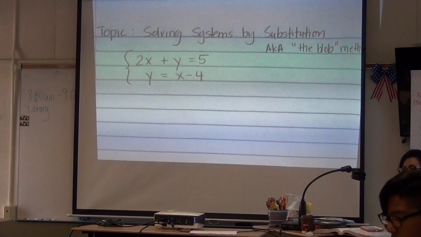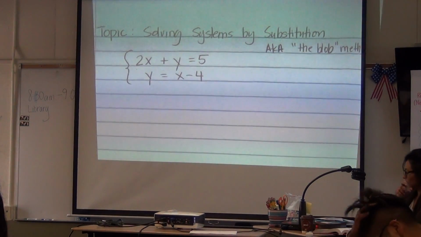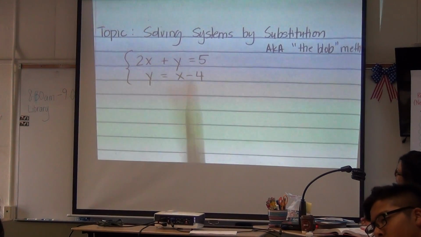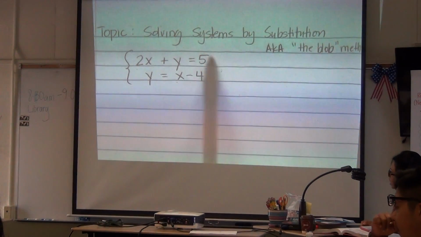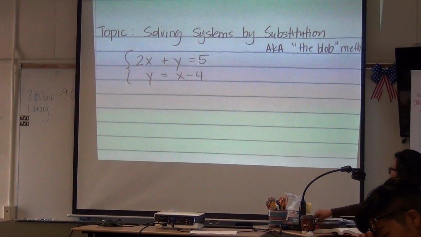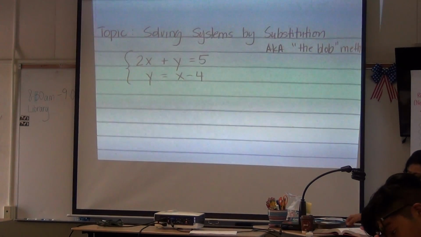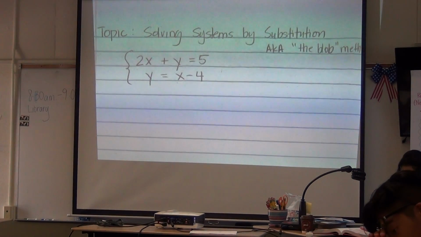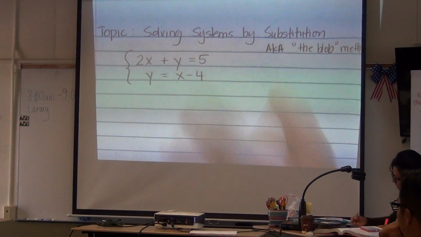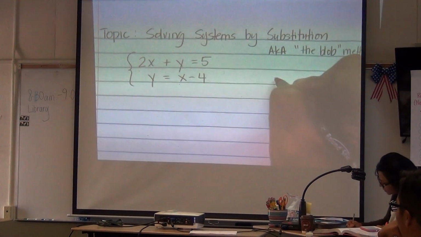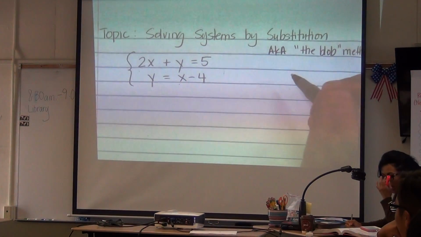What the substitution method is about is that we are going to use one of the equations and substitute it into the other equation. So the very first thing that you need to do is find an equation that already has the variable isolated.